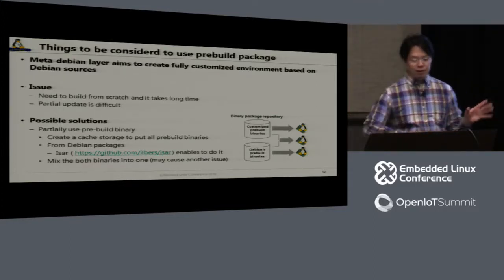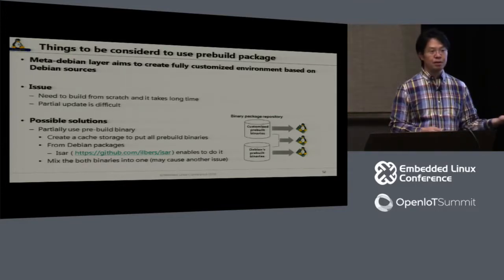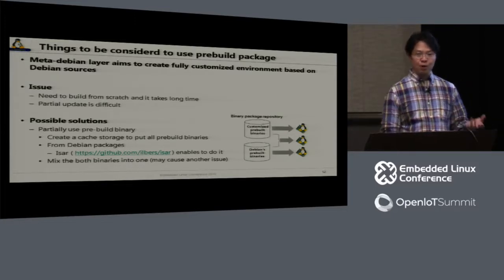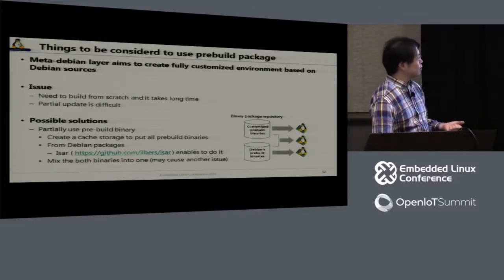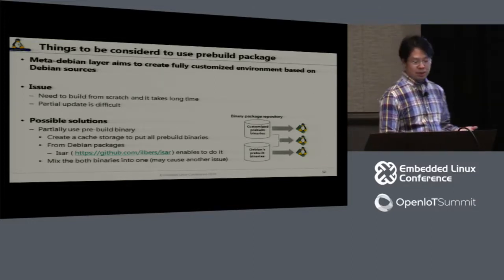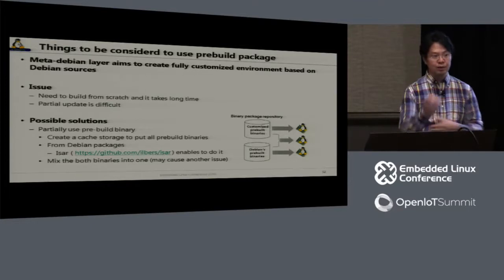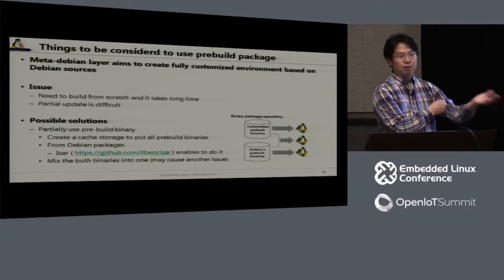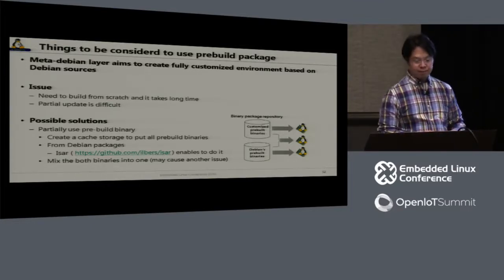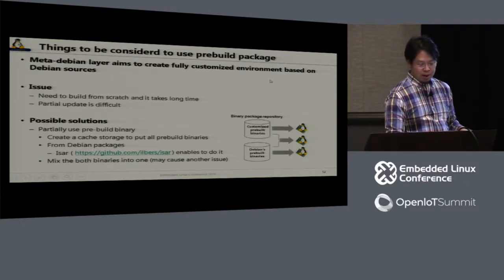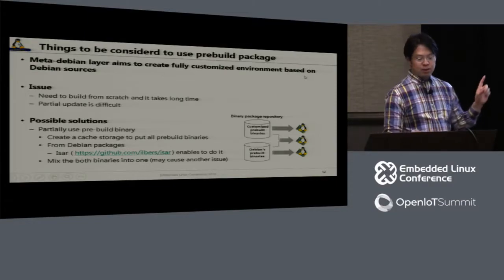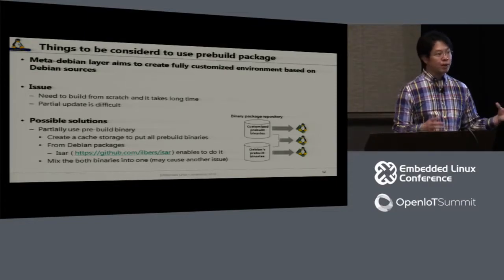But if we can use a pre-built package from Debian or customized pre-built packages, it's easy to recreate the root file systems later. There are some solutions, and I think a possible solution is just to create a cache storage for the pre-built packages created by MetaDebian.